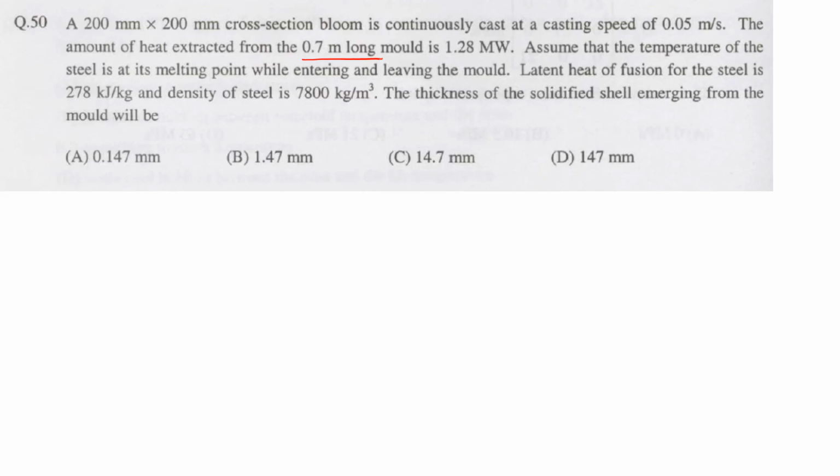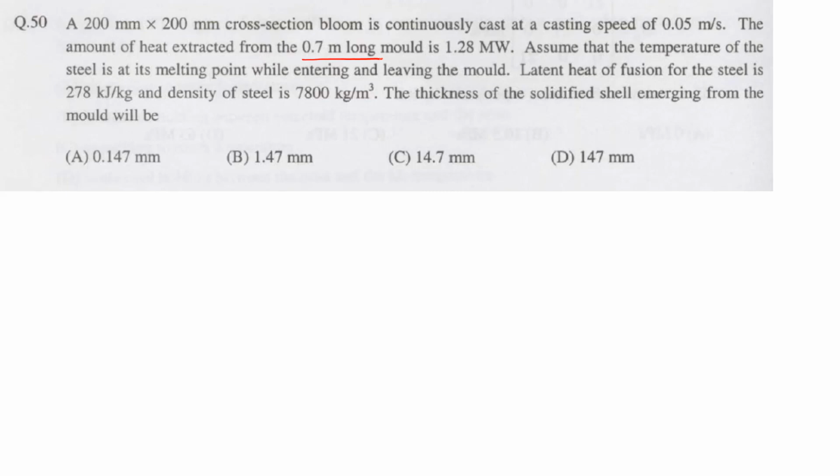Assume that the temperature of the steel is at its melting point while entering and leaving the mold. Latent heat of fusion for the steel is 278 kJ per kg and density of steel is 7.8 kg per meter cube. The thickness of the solidified shell emerging from the mold will be?